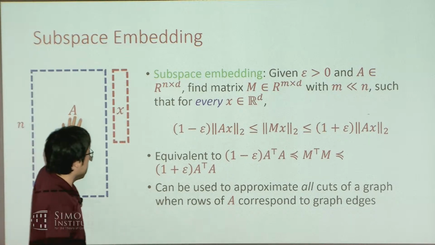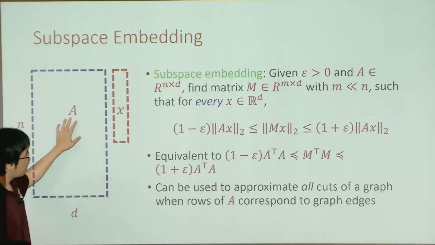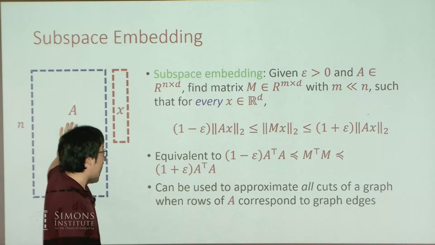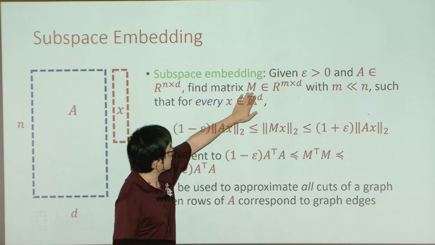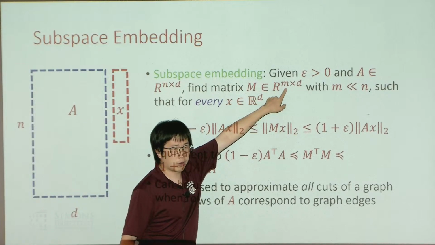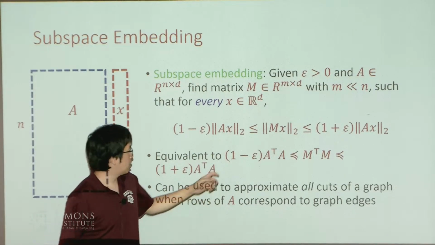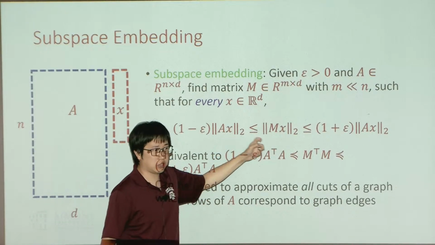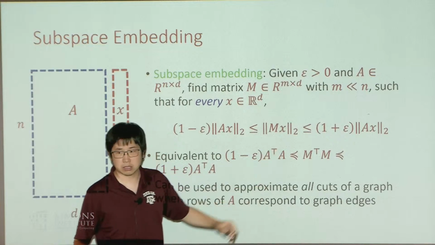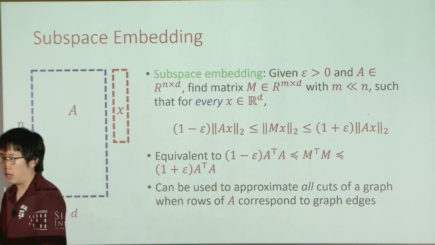So the rows that arrive define a matrix A. And the goal is at every time, find a matrix M with a much smaller number of rows, such that for any vector x, the 2 norm of Ax is roughly the 2 norm of Mx. This needs to hold for all vectors x.